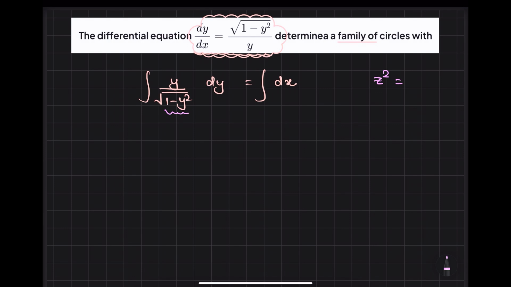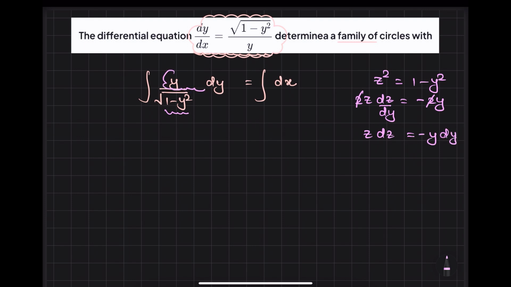That way we get rid of the root as well. Now we differentiate with respect to y. So we got 2z dz by dy, and we have minus 2y. Now you can play fruit ninja, this thing is done. So I can write z dz equals y dy with a minus sign.